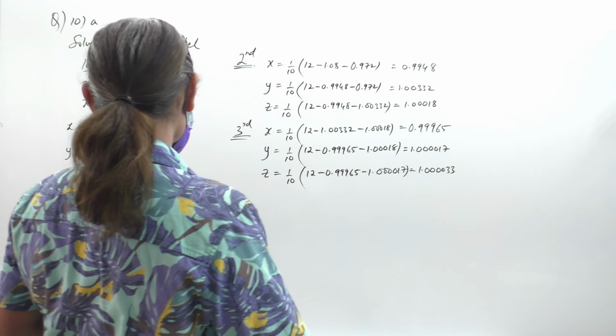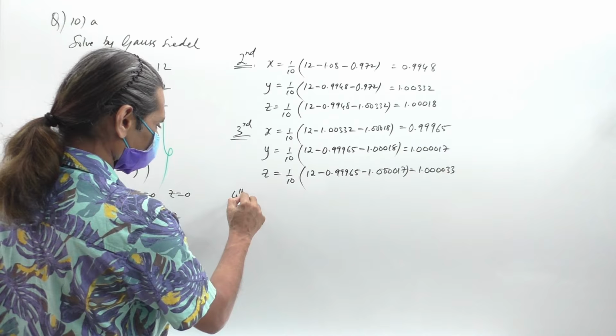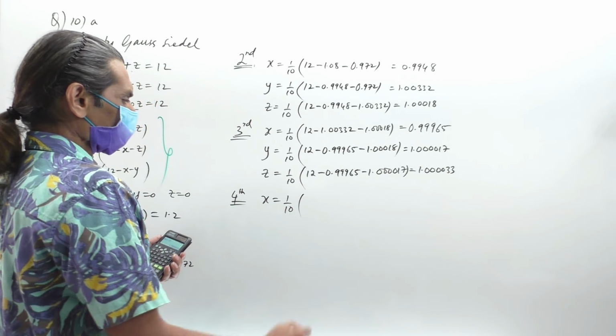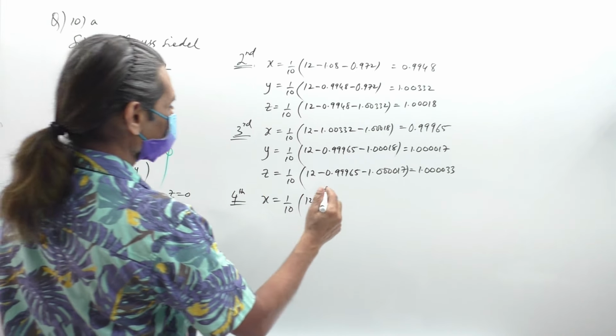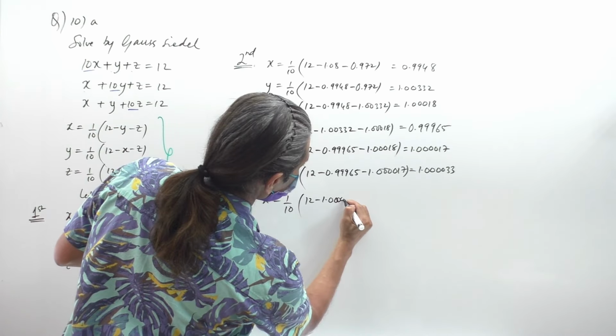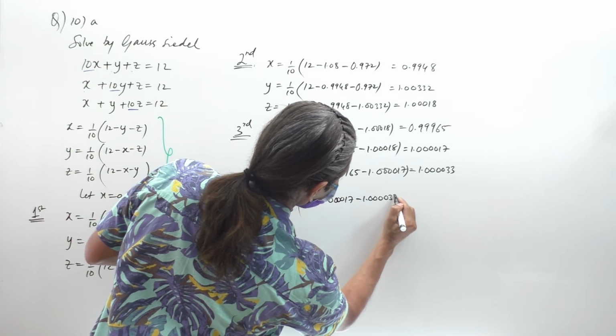If you want to do, you can do one more iteration here. I'll tell you where to stop. You see, the fourth iteration, if you do, so x is equal to, minimum 4 is required. Again 12 minus y minus z. So new y is 1.17 minus 1.23433.